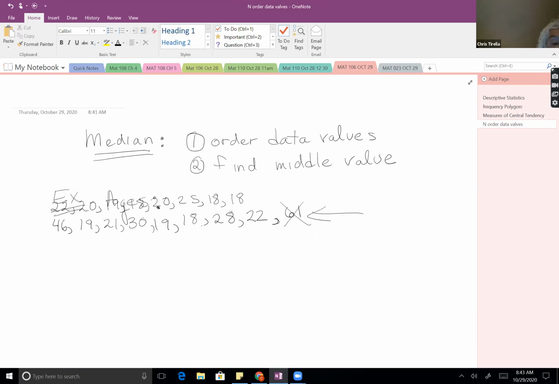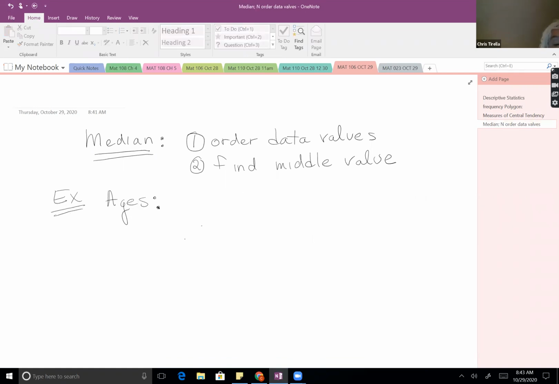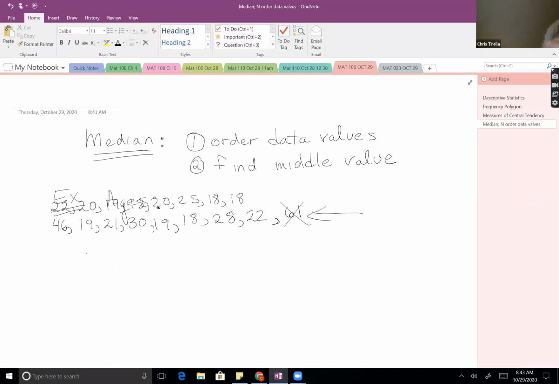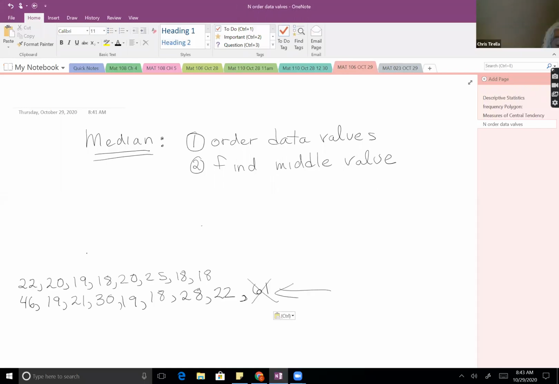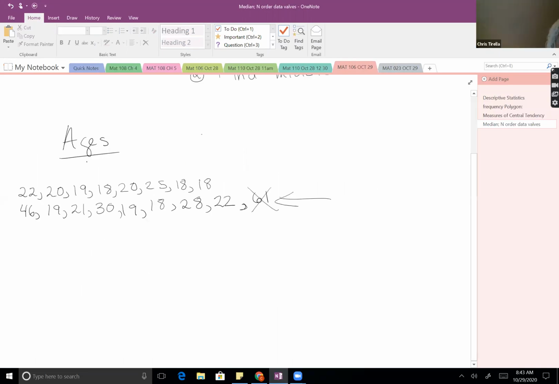Well, it's on top of the others. Let's try that again. It's still on top of the others. So let me erase this and try it one more time. That looks better, right? Now it moved after I erased that, right? Story of my life, me and technology.